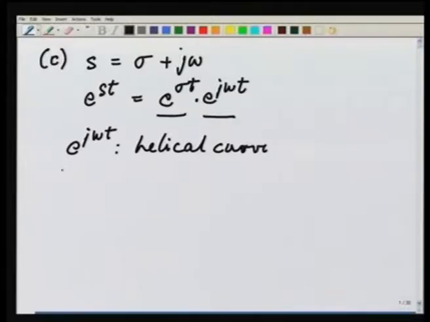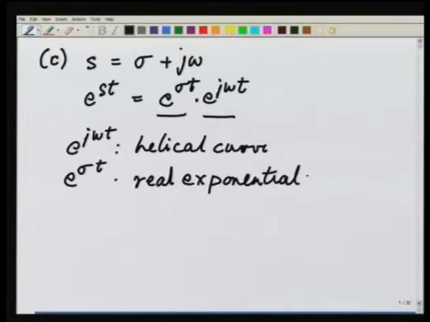And for the case of e to the sigma t, we had a real exponential curve. All we now need to do is to multiply the two.